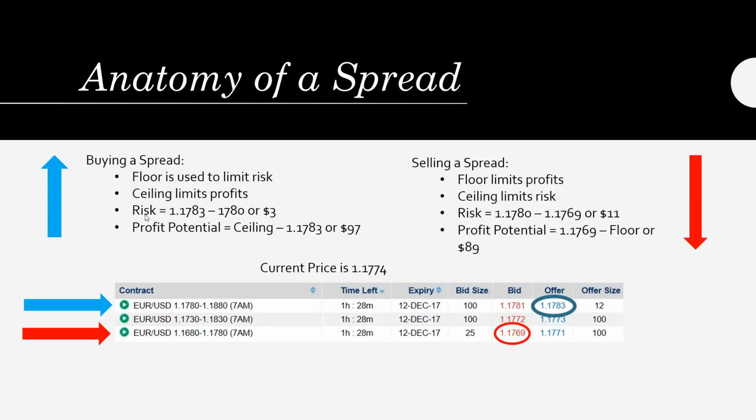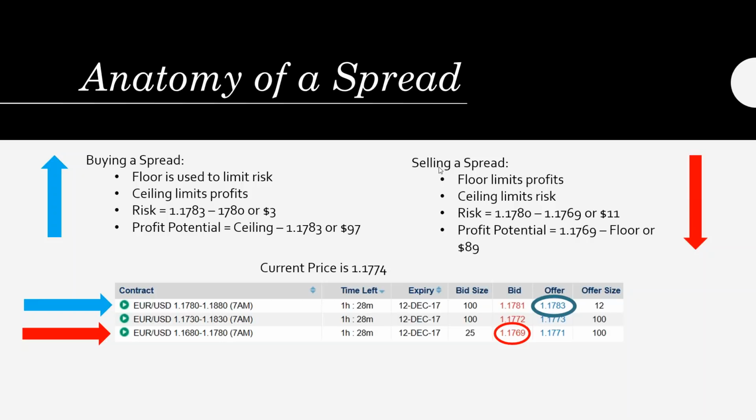So in this case, if you were going to go long on the euro dollar, and it's 1.1780 to 1.1880 is your spread, then you are paying the offer price, which would be $3 in risk, and your profit potential would be the ceiling price minus what you paid on entry, or $97.